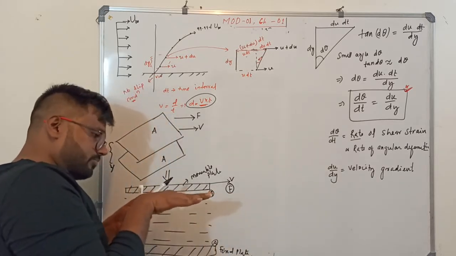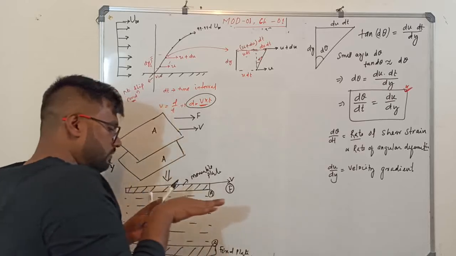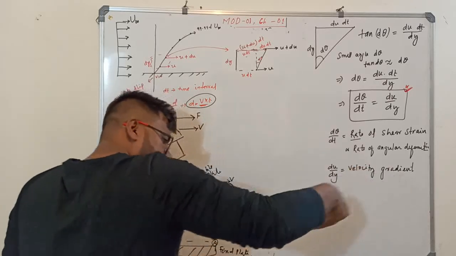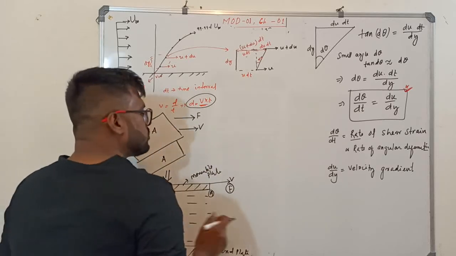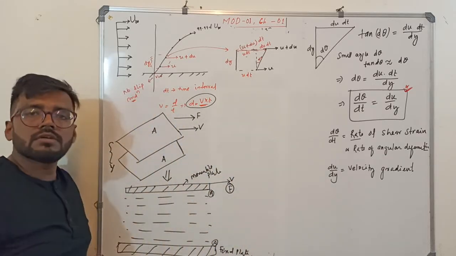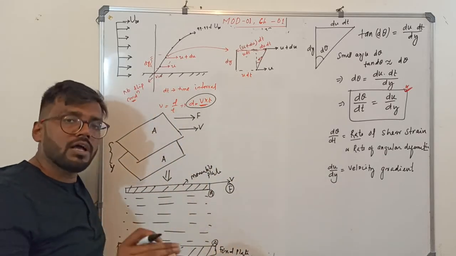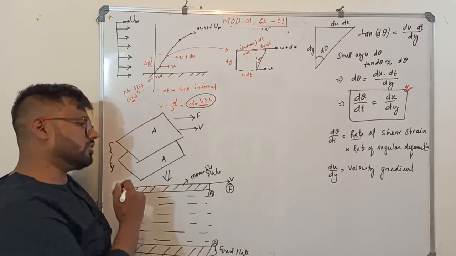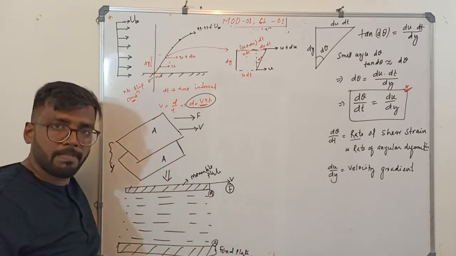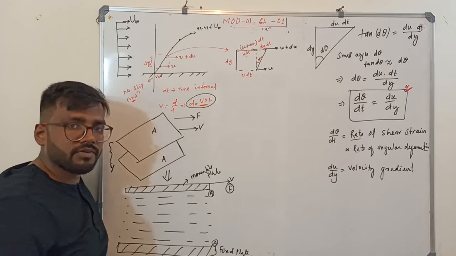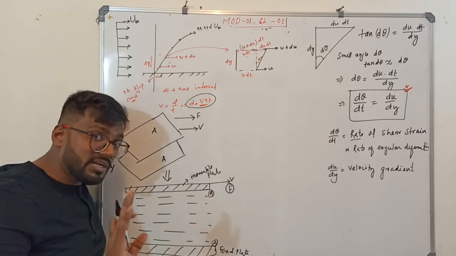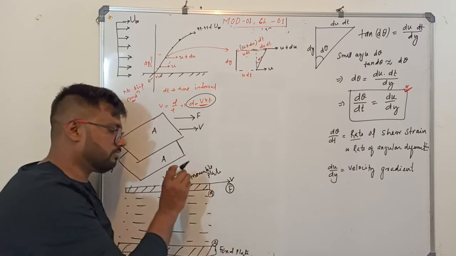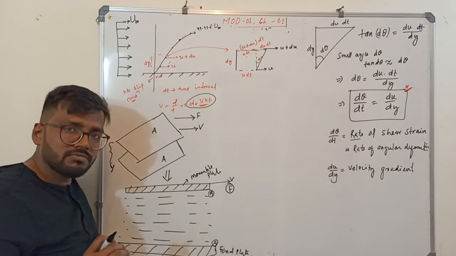When your plate is moving, the liquid is applying a force of F on the plate. That is the shear force applied by the liquid on the plate itself. Okay? So that is your F. So I can say F is the shear force required to maintain the plate moving at a velocity of v.